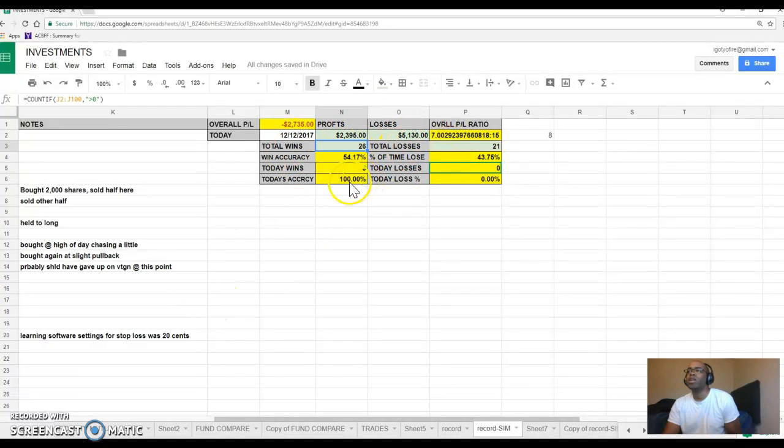And so right now my overall numbers are looking better. I need to have a positive profit loss ratio, and you see right now with the stats I've entered in, I'm negative. My losses are 5,000 to 2,400 bucks right here.